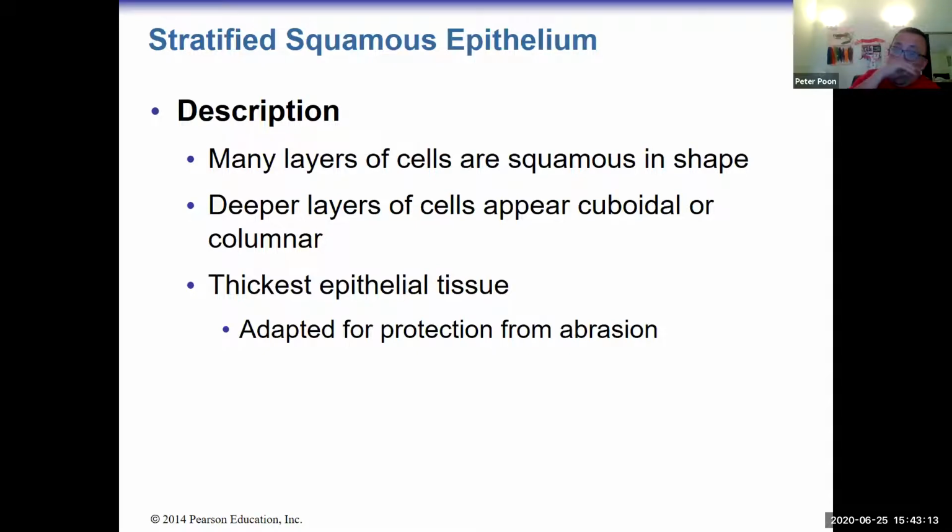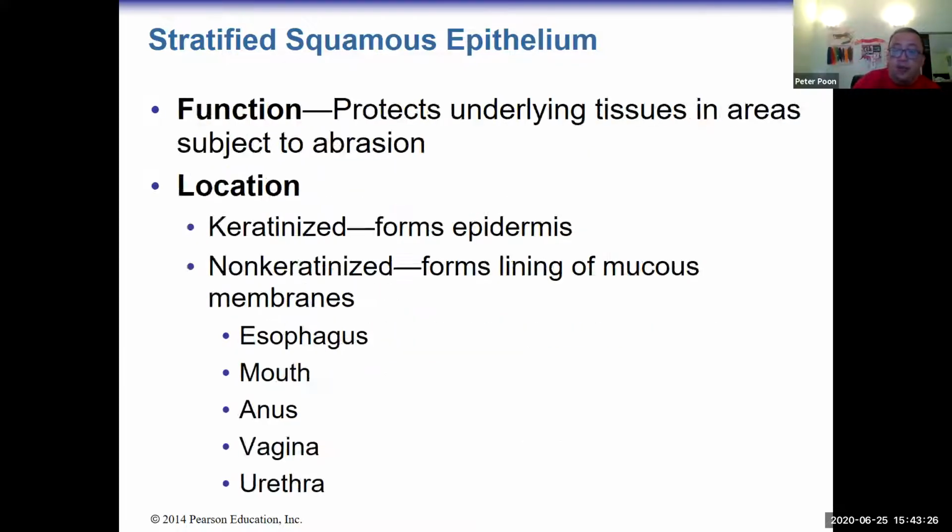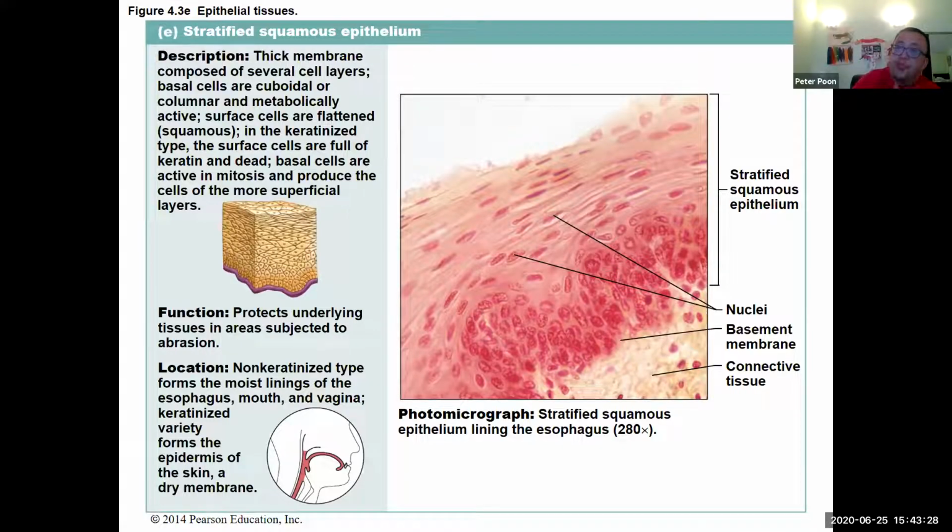Their thickness of the epithelium, and they're meant for protection from abrasion. Okay, so rubbing. You think your skin. This is your throat. Every time you swallow, the food scrapes along your throat as it goes down, and it's going to take cells with it.